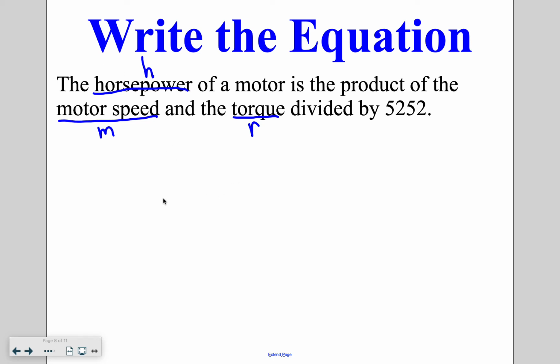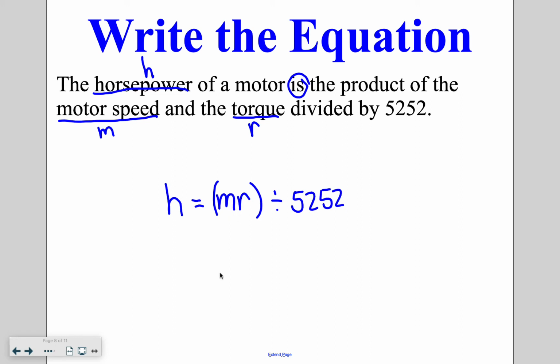So it says the horsepower is, so H, and then we've got is, which is that equal sign, the product of the motor speed and the torque. So those are being multiplied. Remember, product is our parentheses word for multiplying. And then divided by the 5,252.